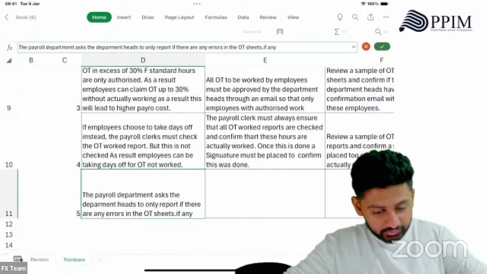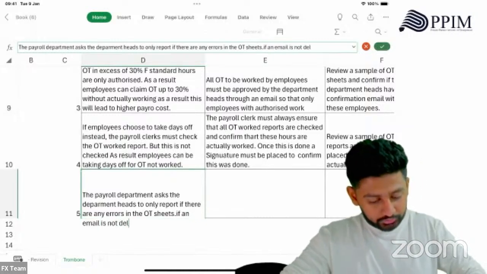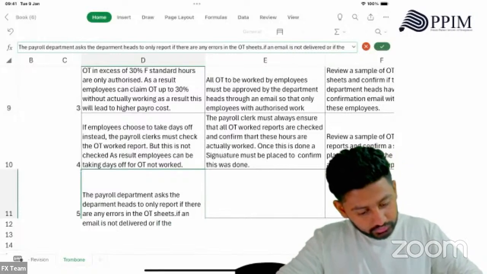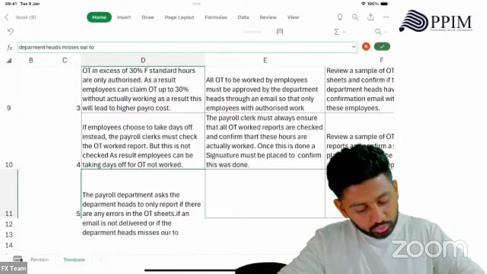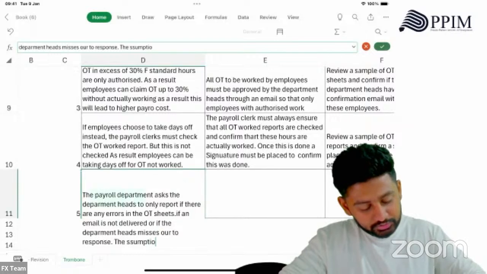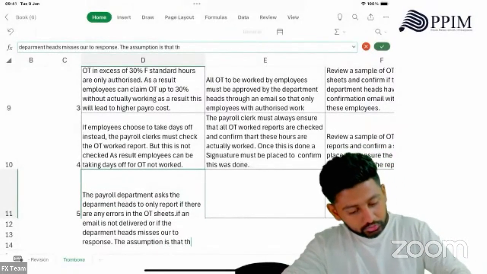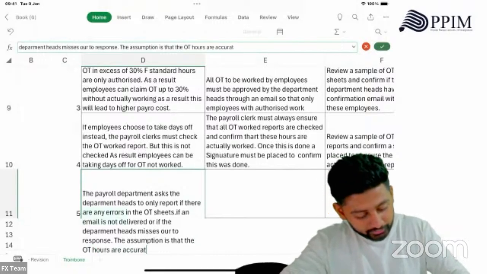If an email is not delivered or if the department heads miss out on responding, the assumption is that the overtime hours are accurate.